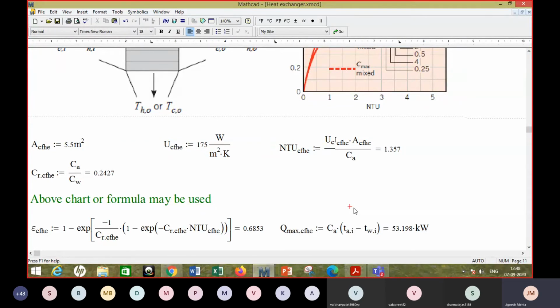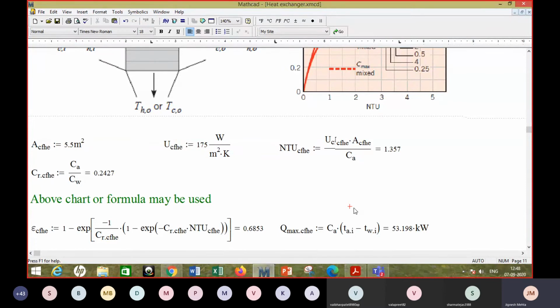And what will be the actual one? The actual one will be the multiplication of maximum heat transfer rate with the effectiveness. So find out the actual heat transfer rate and the outlet temperatures of air and water, right?